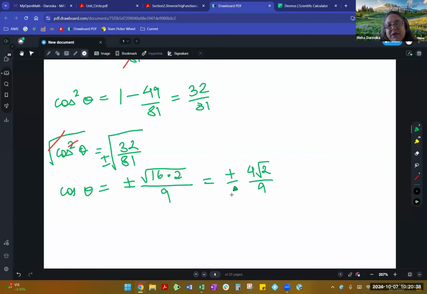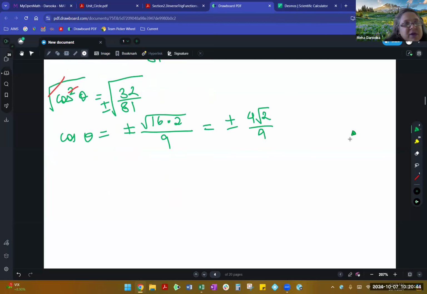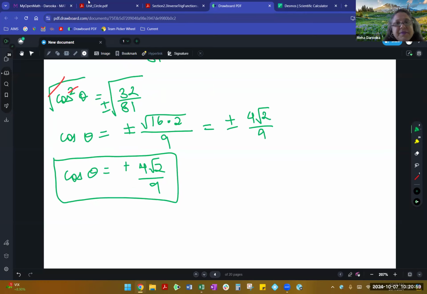So it doesn't matter. Either way, your cosine of theta should be a positive answer, so positive 4 square root of 2 over 9. So you're discarding the negative answer.